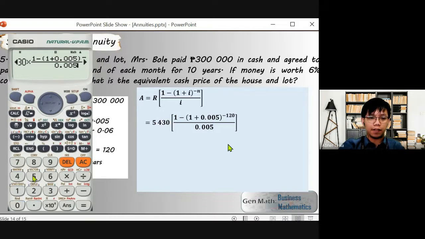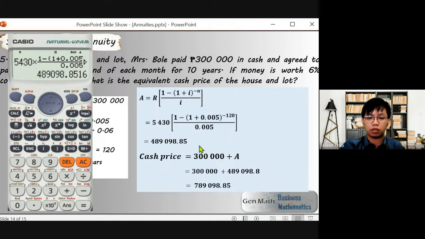And then it is equals to 489,908.85. So let's round our answer to two decimal places, our final answer. And then to finally know the cash price of the house, we just add 300,000, and that is 789,098.85 pesos.